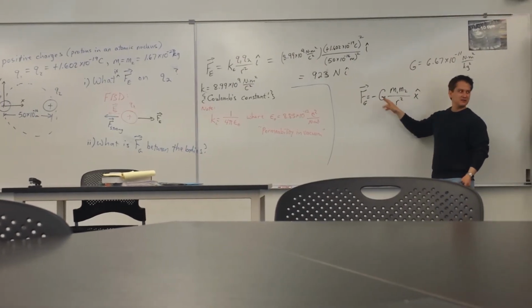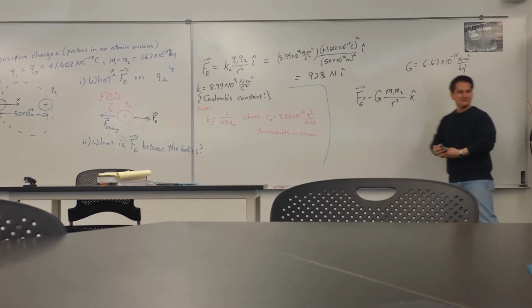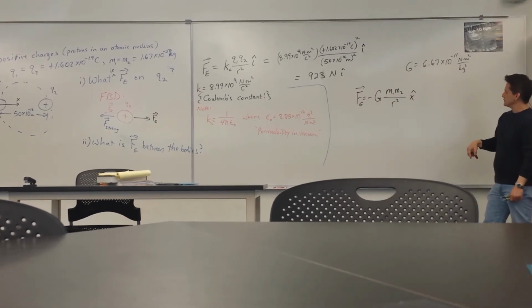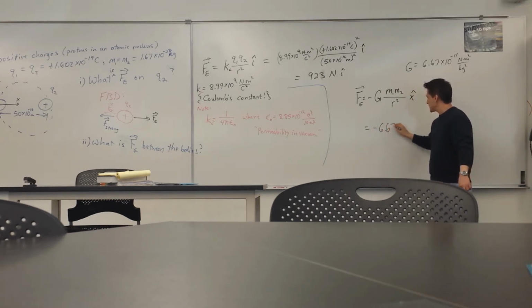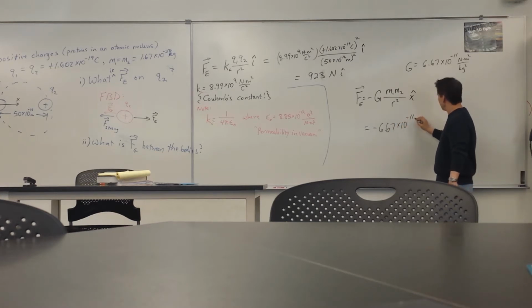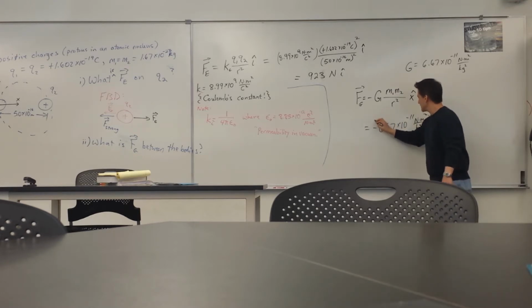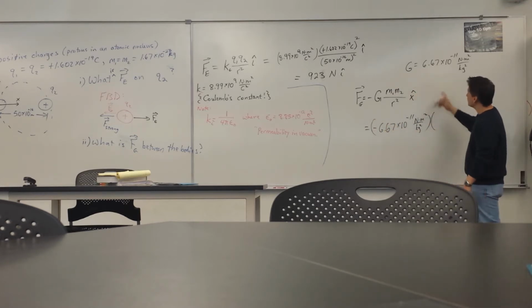Okay, so we plug all of these values in, and we get minus 6.67 times 10 to the negative 11th newton meters squared per kilogram squared. And since they are of the same mass in this case, we can use 1.67 times 10 to the negative 27 kilograms squared.